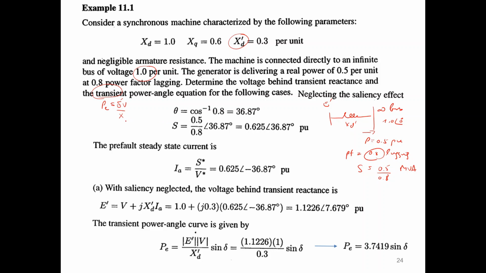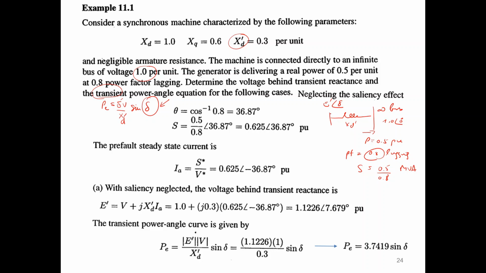So you have this xd prime because this is in the transient period, and sine delta. The delta has to be defined as the power angle of the machine. This is an angle of 0.